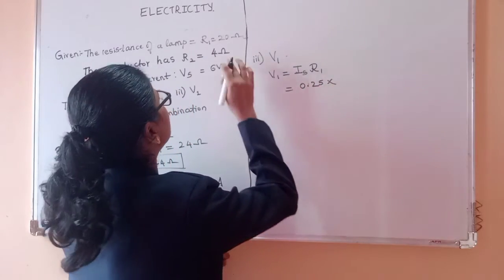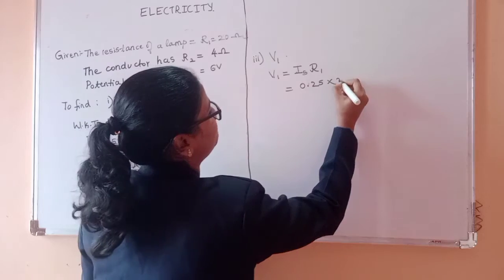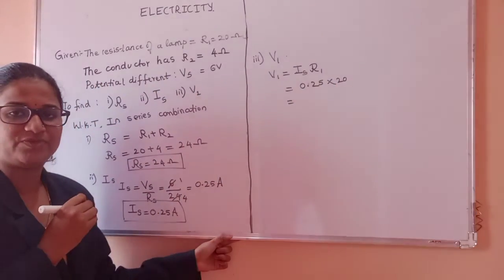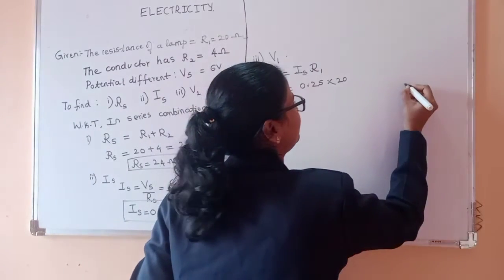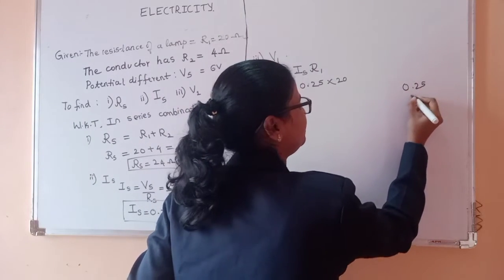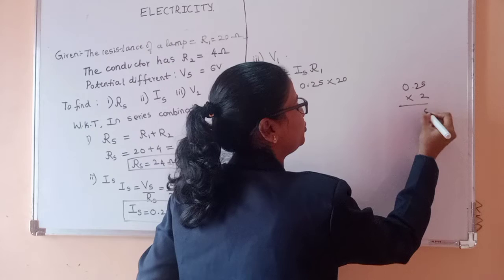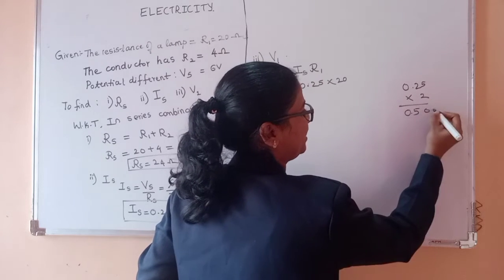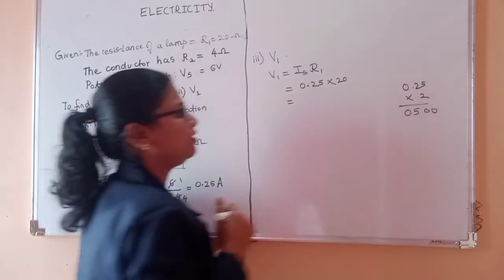R1 is nothing but 20. Okay, R1 is 20. So when you simplify, how much do you get? 0.25 into 20, when you do, you will get around 5. Okay, 5.